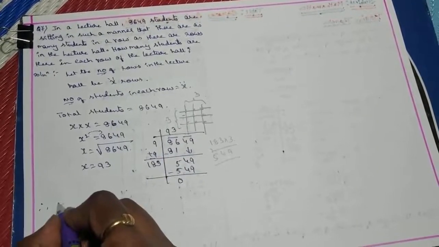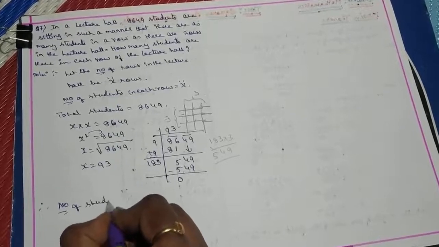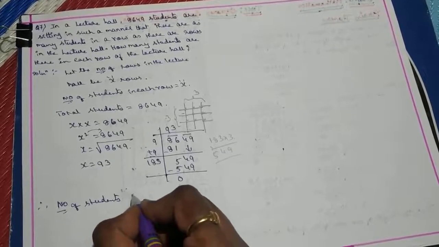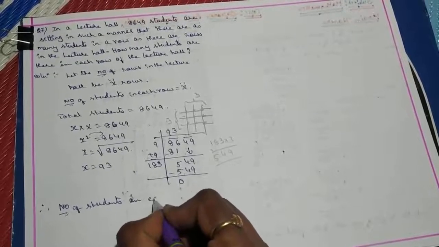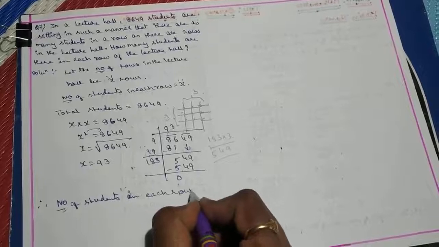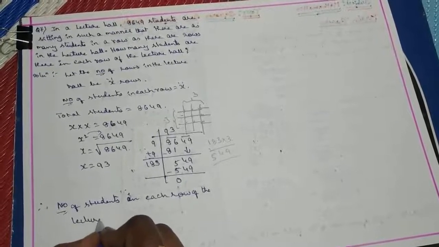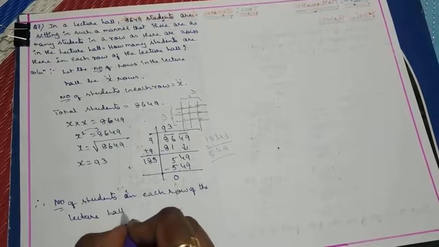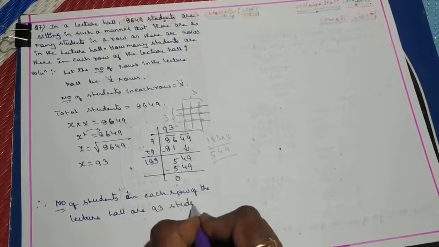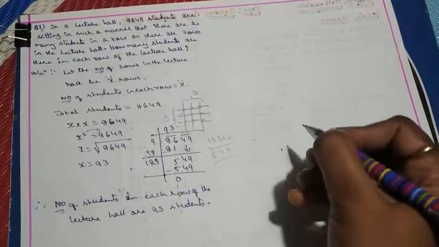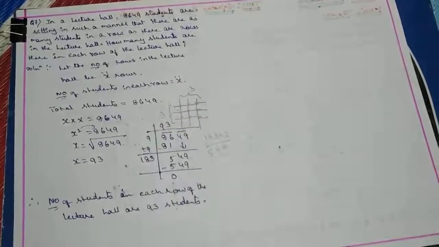Therefore, the number of students in each row of the lecture hall is 93 students. If they ask for the number of rows, the number of rows is also x, which is nothing but 93.